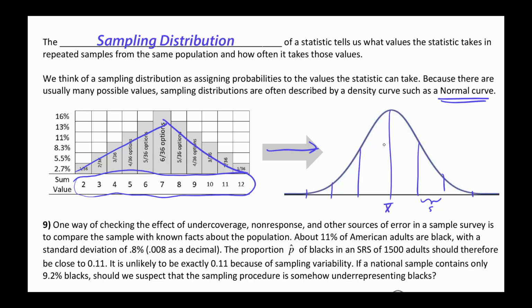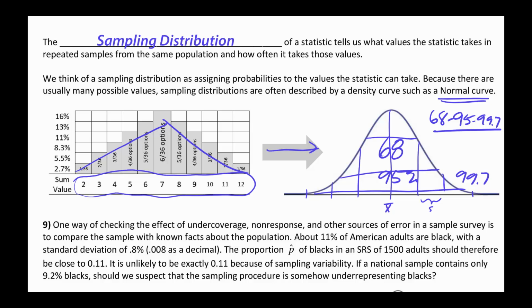If you recall, we have 68% falls within the first two. Then here we have 95%, 68, 95, and then the last one is 99.7. So you have to remember those numbers as well, 68, 95, 99.7.